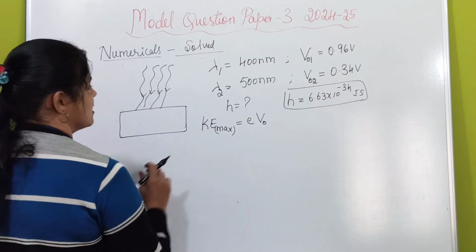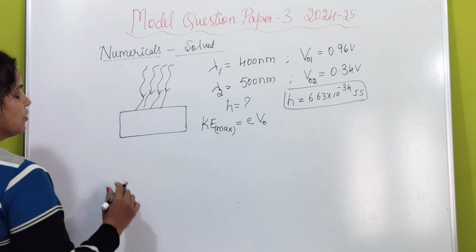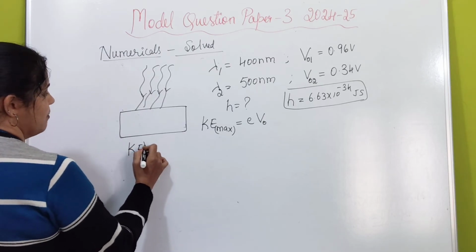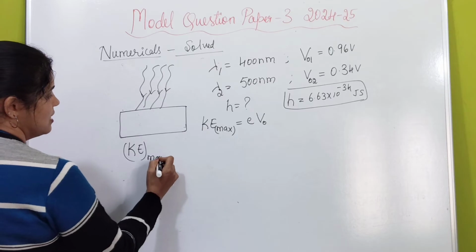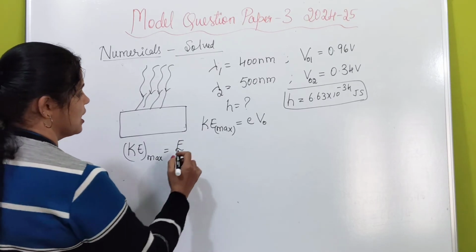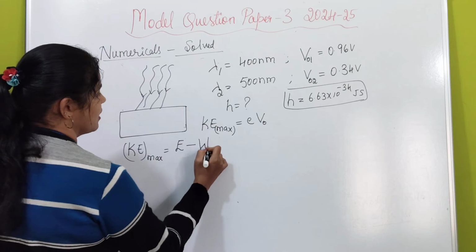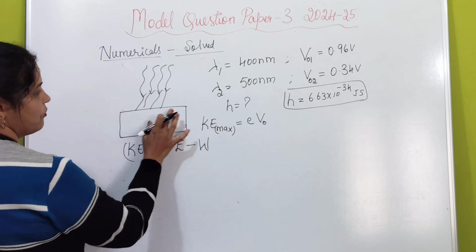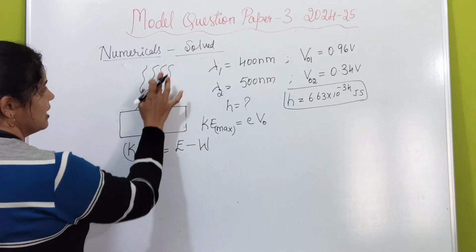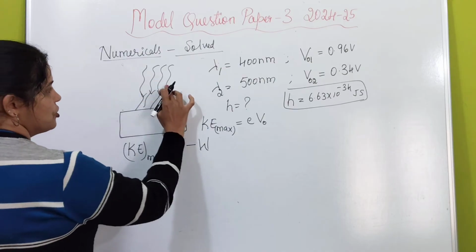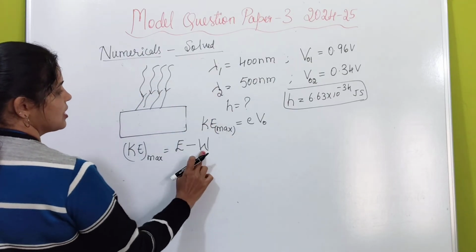So this relation we know. And according to Einstein, the maximum kinetic energy is equal to the energy of the incident radiation minus the work function. See, the work function is the same for a given metal, whatever the radiation incident on the surface. Even if you change the wavelength, the work function remains the same.